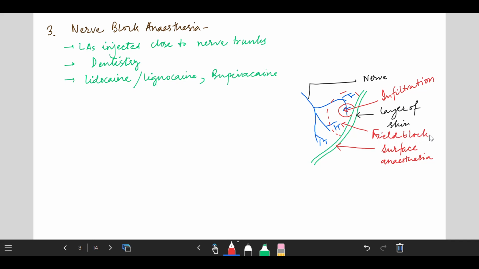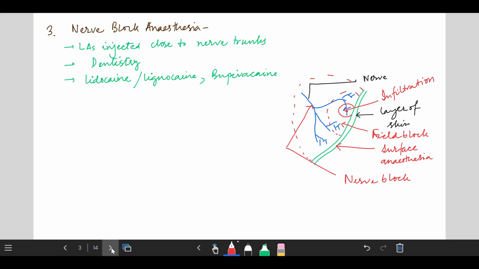And if we apply anesthesia by enclosing the whole nerve to affect this nerve totally, that is nerve block anesthesia. Okay, clear?